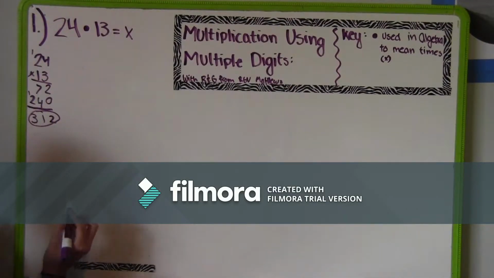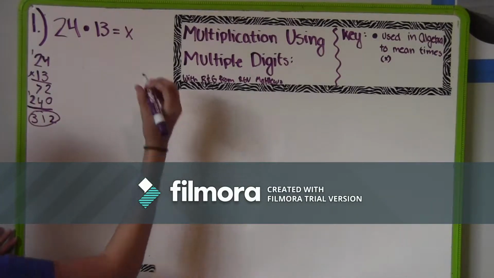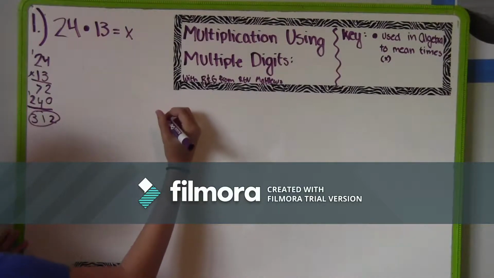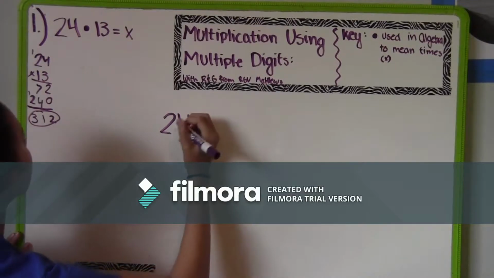Now I'm going to show you why we use these steps to get this answer. So, our first step was simply writing down the equation, 24 times 13.